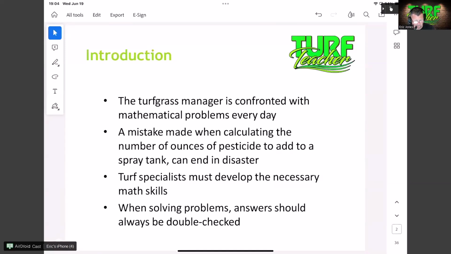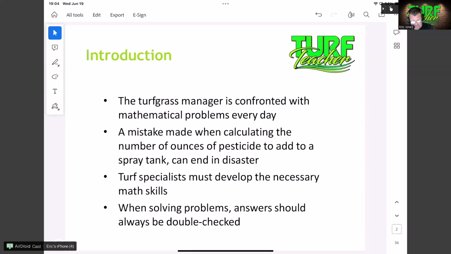I think overall as an industry, we are probably not doing as much math as we should be. We're not calibrating our equipment as much as we should be. As much as these chemicals cost, and how environmentally friendly our customers want us to be, we probably need to pay more attention and actually work through some of these problems.